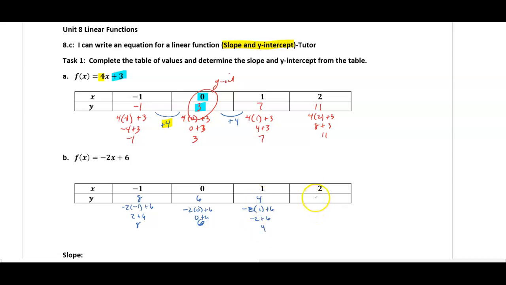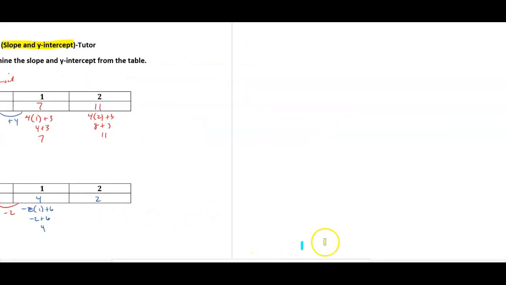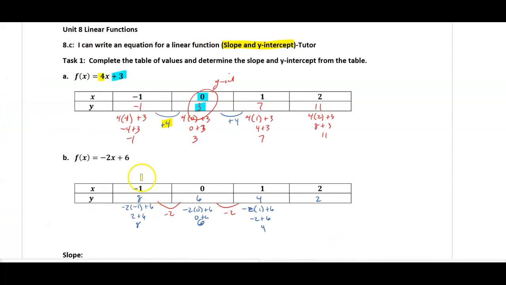And then finally, this last one would be 2. If you notice here, my common difference, I'm going down 2 each time, which represents my slope. But then if you look, what is the y-intercept from the table? 0, 6. Does that match up there? Yes.